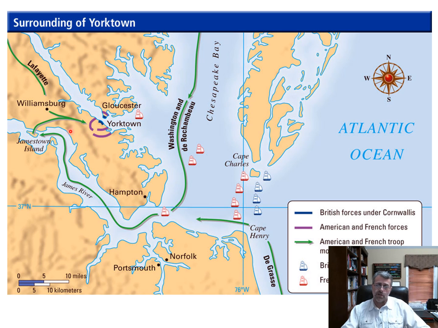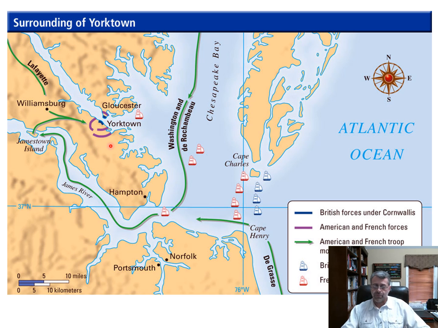Jamestown is just across this Hampton Peninsula, about 10 or 15 miles away. So the story comes full circle, where Jamestown marked the beginning of British settlement in North America, and the Battle of Yorktown marks the end of British dominance in North America.